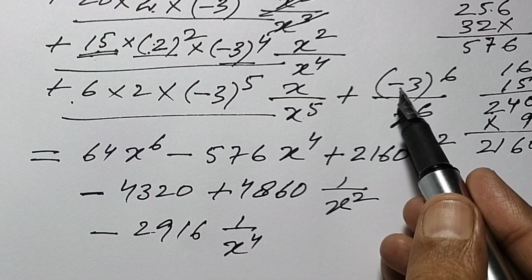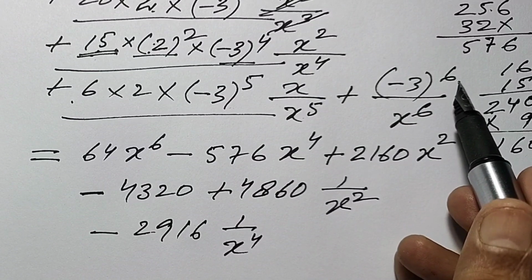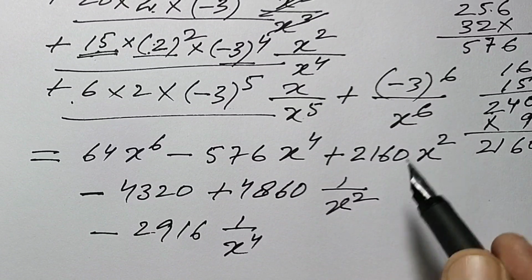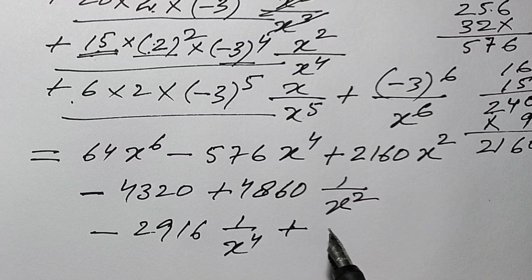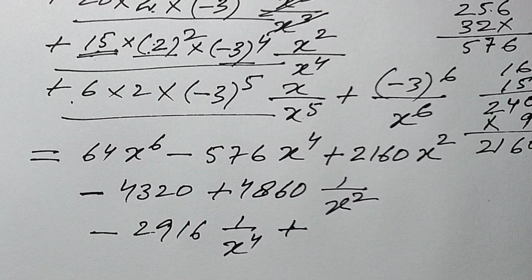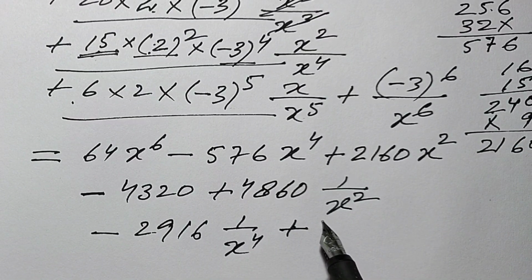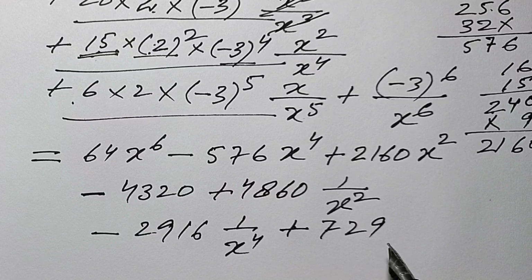In the last term, minus 3 has an even exponent, so its result will be positive, so plus, and 3 raised to the power 6 is equal to 729.